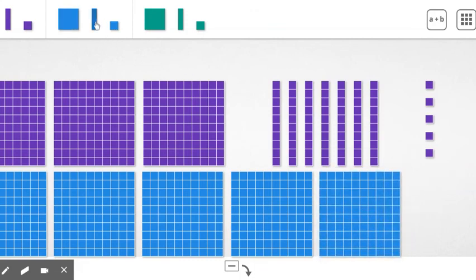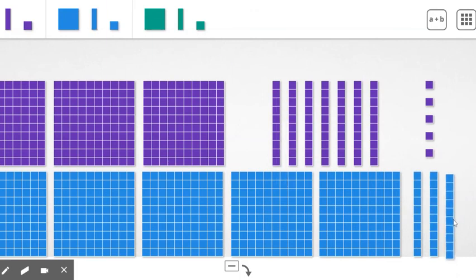Then I need to add 4 tens. And 5 ones. 1, 2, 3, 4, 5.